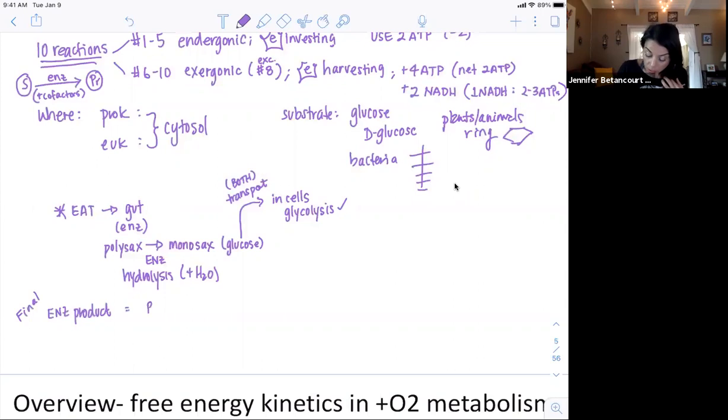So it's product number 10. Product number 10 is 2-pyruvate. So somewhere along the line, you now have 2 products. So remember when we started talking about enzymes, one of the things I said, like, yeah, sometimes an enzyme takes 1 molecule and makes it 2. So we're going to actually talk about an actual example of that in real life.